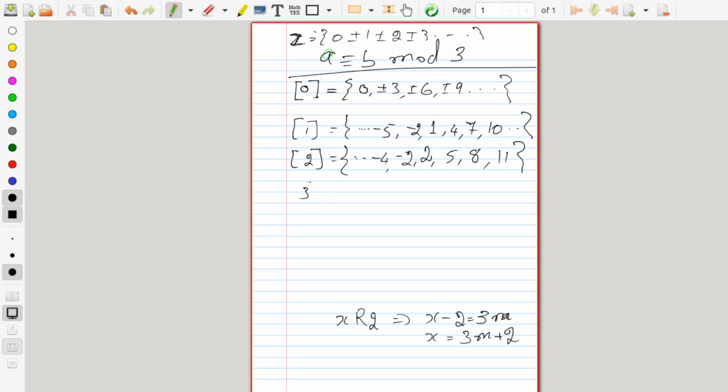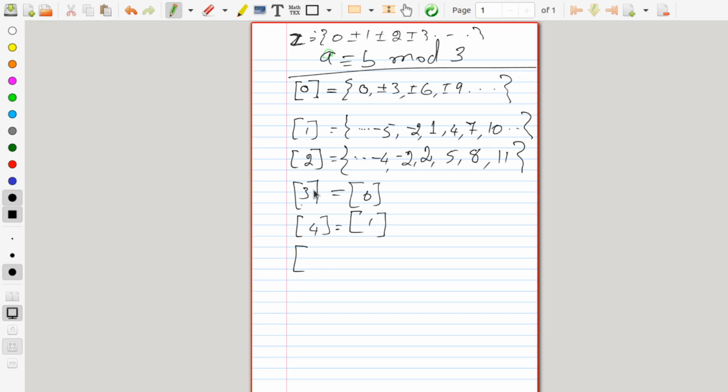Then when we look at the equivalence class of 3, obviously this 3 belongs to the equivalence class of 0, and if x belongs to the equivalence class of y, then the equivalence class of x is equal to the equivalence class of y. This is a result which we already proved. Therefore the equivalence class of 3 is equal to the equivalence class of 0. The equivalence class of 4 is equal to the equivalence class of 1, since 4 belongs to the equivalence class of 1.